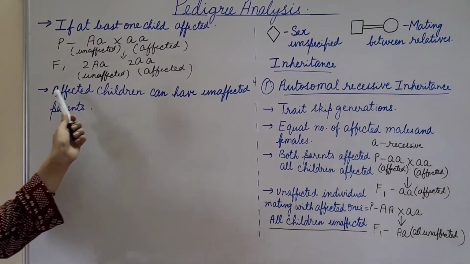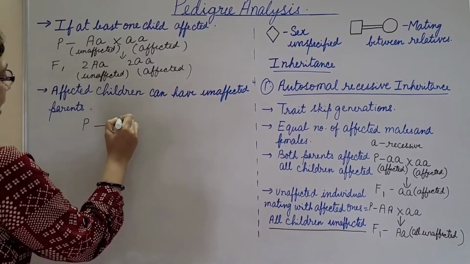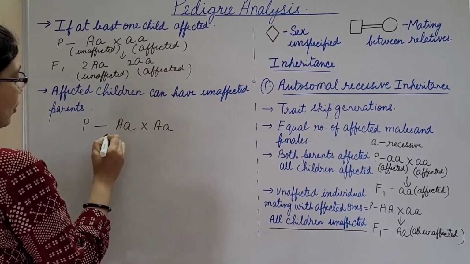It may happen that affected children have unaffected parents, and this happens when two heterozygous individuals are crossed.